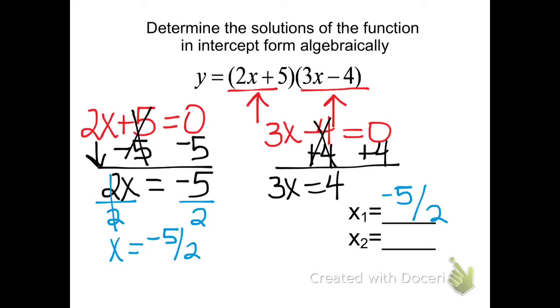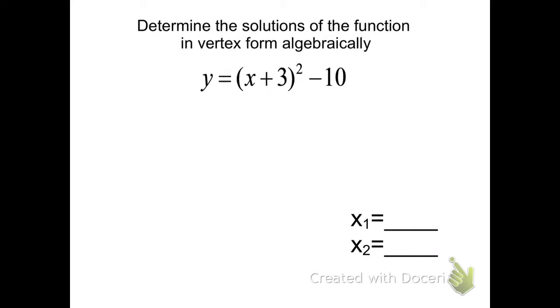And then I want to divide both sides by 3. So the 3's cancel on the left. That gives me x equals 4/3. So my second solution is 4/3. If I graph this, I would know that one x-intercept would be -5/2 and the other x-intercept would be 4/3.